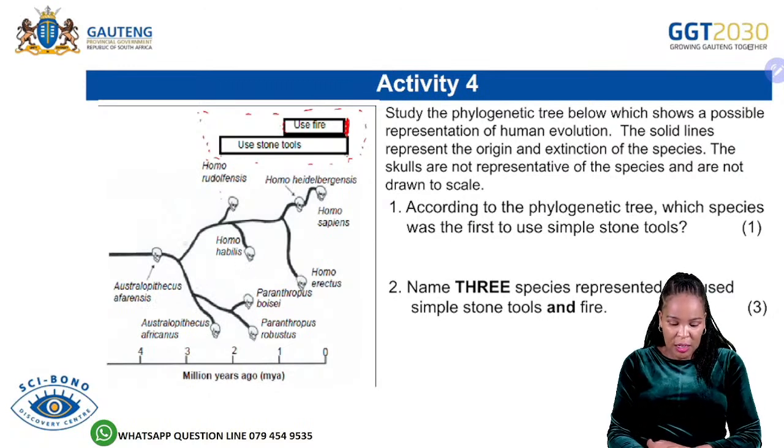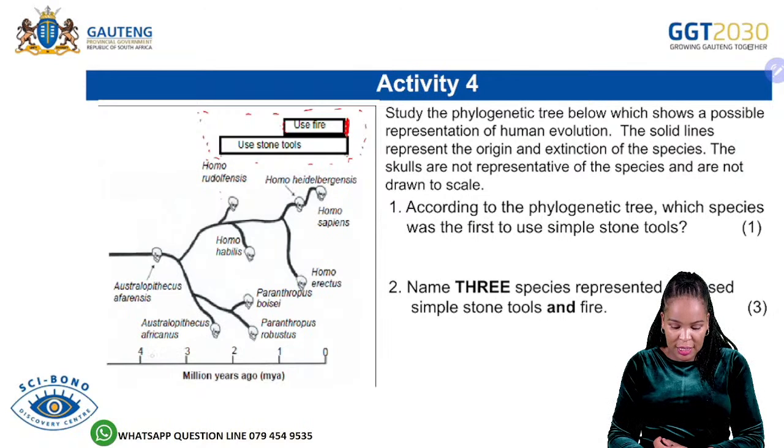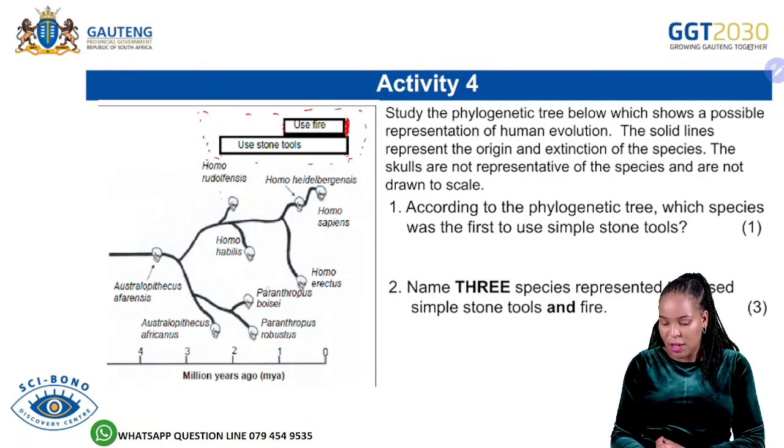Then we have it branching to our Homo habilis and our Australopithecus africanus, and then africanus to Paranthropus boisei and Paranthropus robustus. Then you have your Homo rudolfensis, then your Homo heidelbergensis, then your Homo sapiens and Homo erectus. So those are the species that you find there.